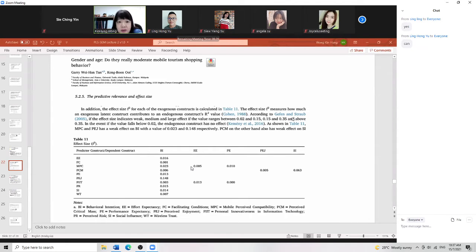So according to Cohen and Stroud, the effect size indicates weak, medium, and large effects. If the value falls below 0.02, the endogenous construct has no effects, okay? So as shown in table 11, they have a weak effects on BI, okay?